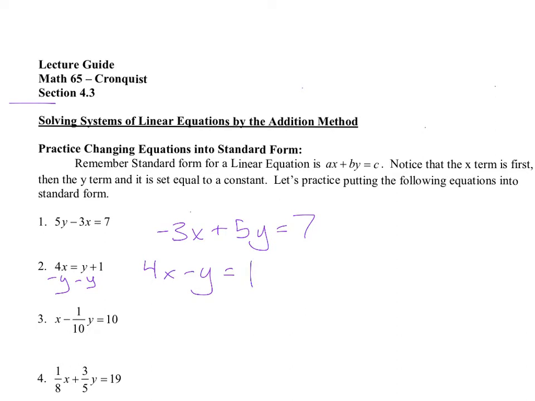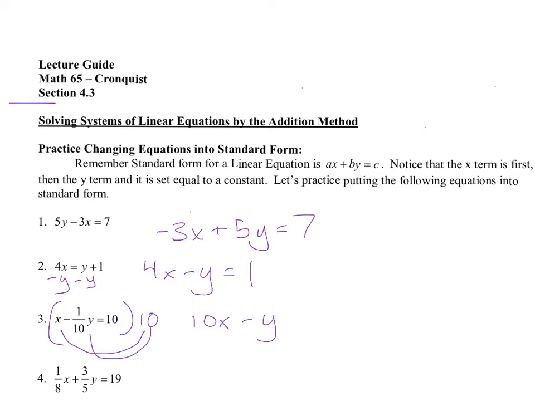For number 3 here, we want no fractions. So what we're going to do is multiply everything by 10. And that's going to get rid of that denominator there, the 1/10. But when I do that, I'm going to get 10x minus y, because 1/10 times 10 is 1.